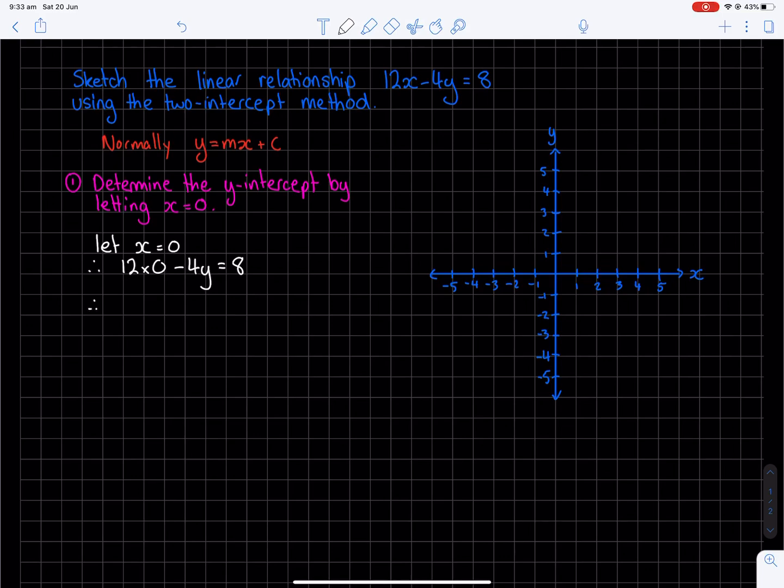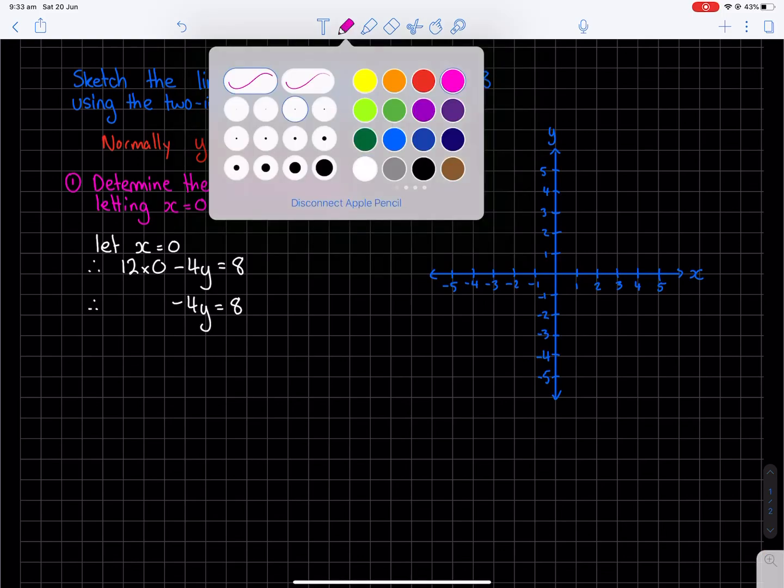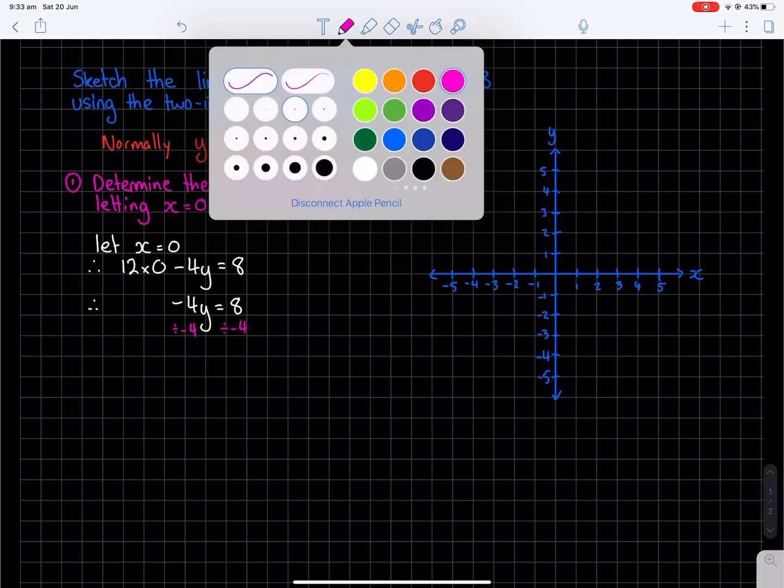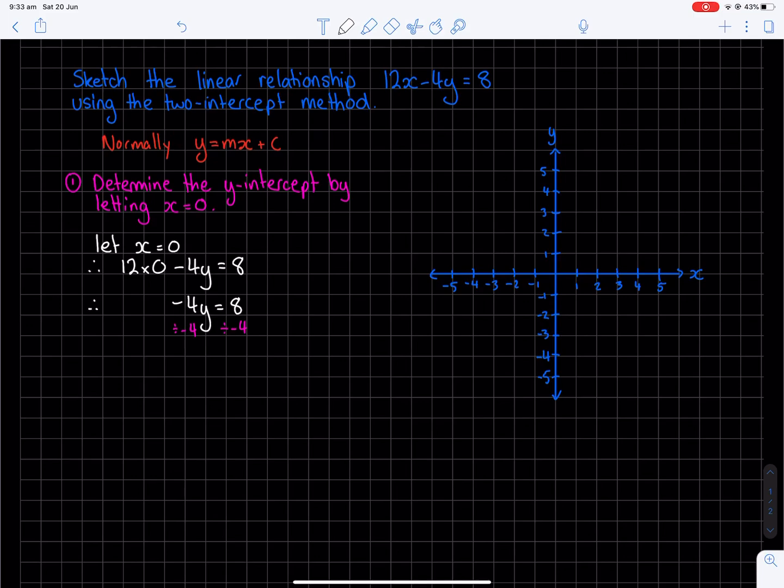So I'm going to get therefore minus 4y is equal to 8. And I'm going to divide both sides by negative 4. When I divide the left by negative 4, I simply get y, therefore y is equal to negative 2.